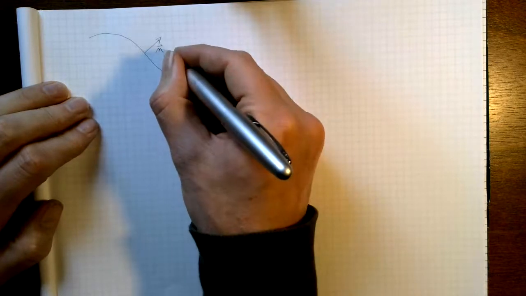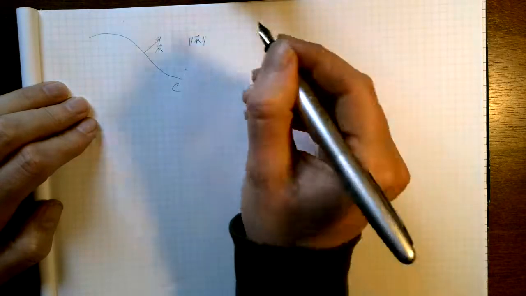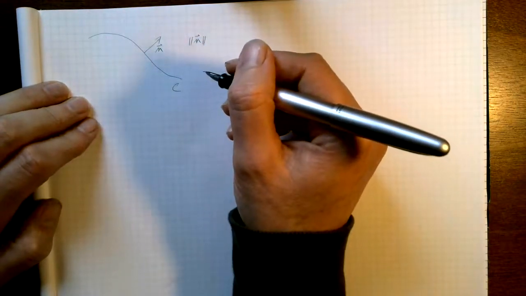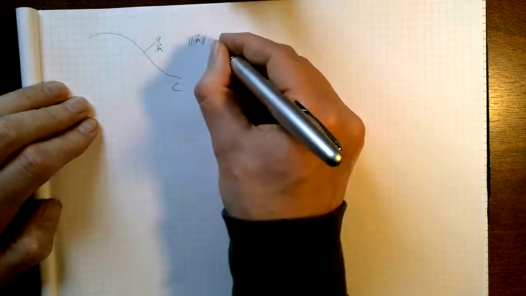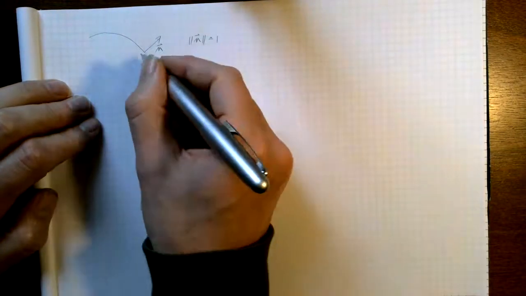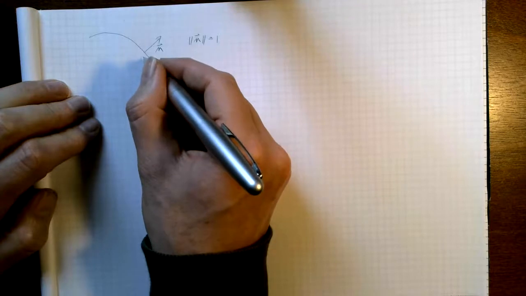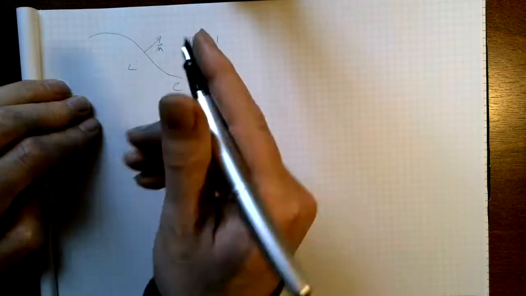And we could make this the unit normal vector. Now, there's of course two ways of doing this. So this is one way. I could also look at the other direction. That would also be a normal, but somehow we're thinking of one orientation of this, right?